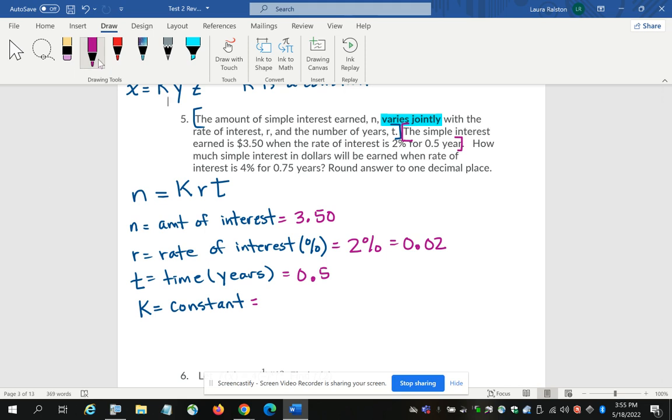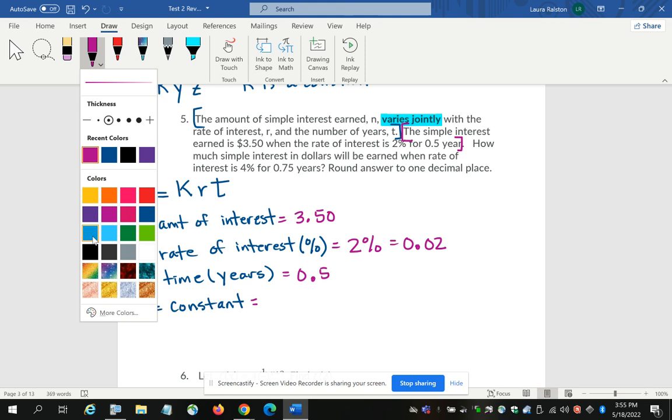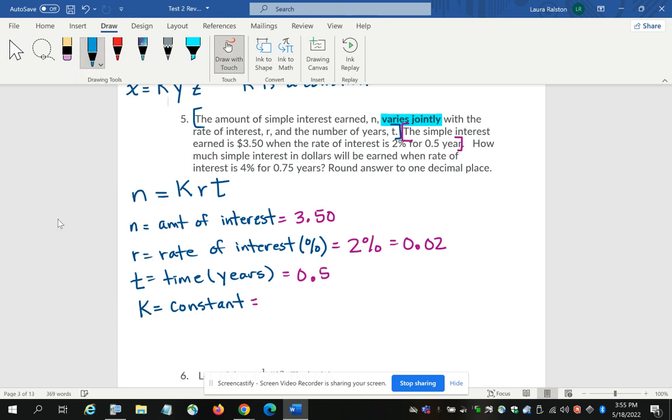Then the third sentence is going to give us a second relationship that we can then use to figure out the value for another scenario. Okay, so it's really a two-step process.